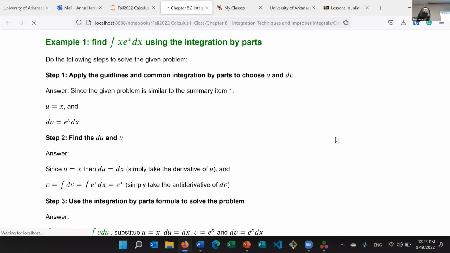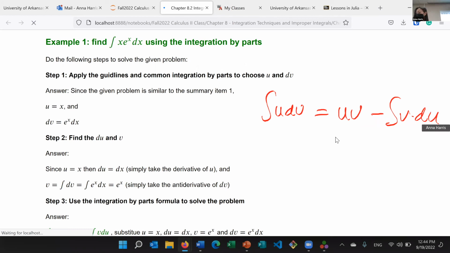So when you do your homework problem, you need to tell yourself, I am choosing u to be x, and I am choosing dv to be e to the x, because of the common integration rules. Now remember the formula: the integral of u dv equals u times v minus the integral of v du.